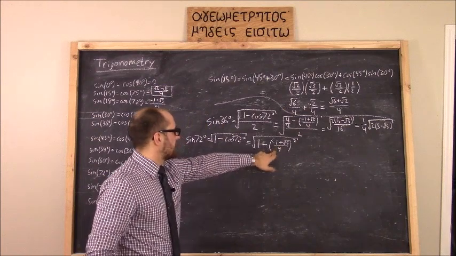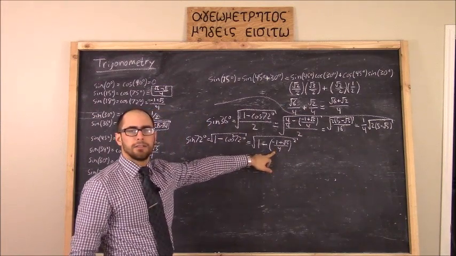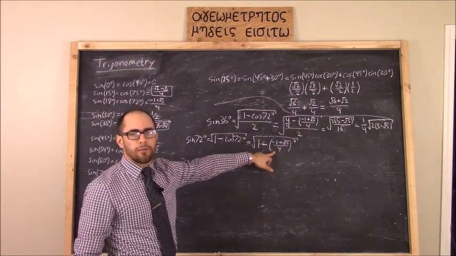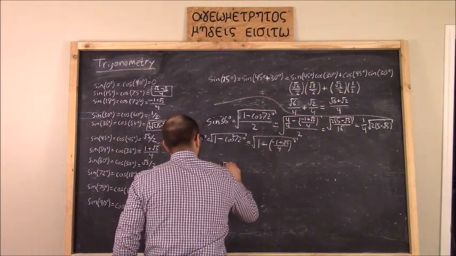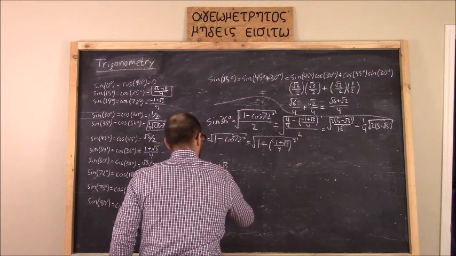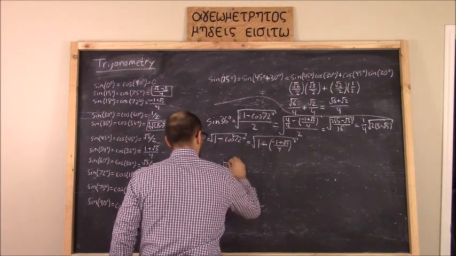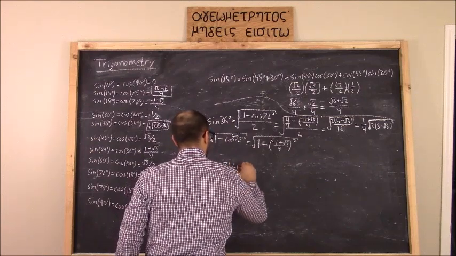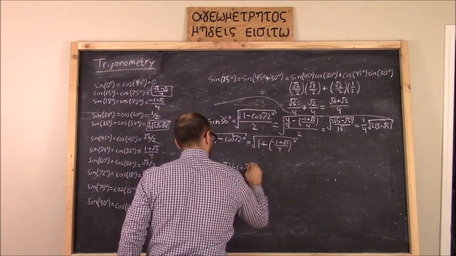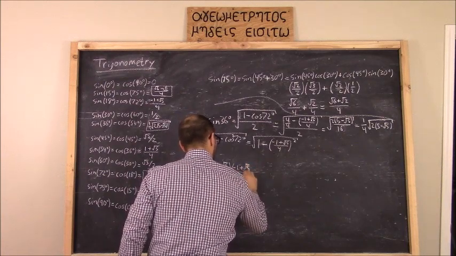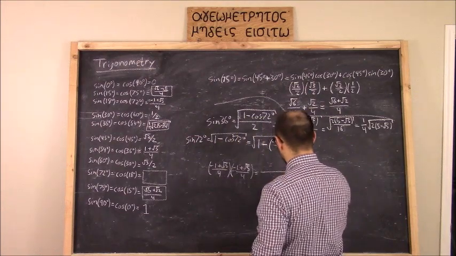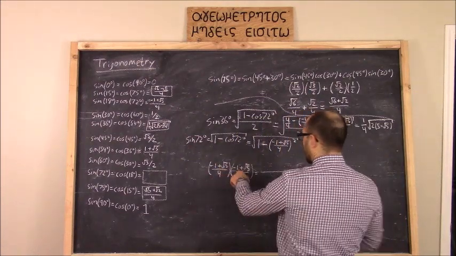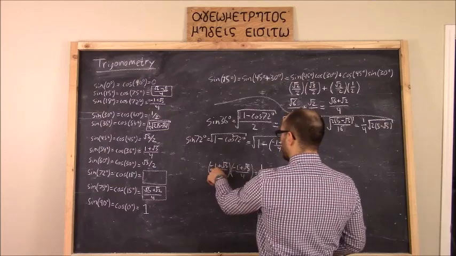All right. How do you think we're going to find this? If you said FOIL, you are correct. I'm going to FOIL that out. Negative 1 plus root 5 over 4 times negative 1 plus root 5 over 4. Well, negative times a negative is a positive 1.